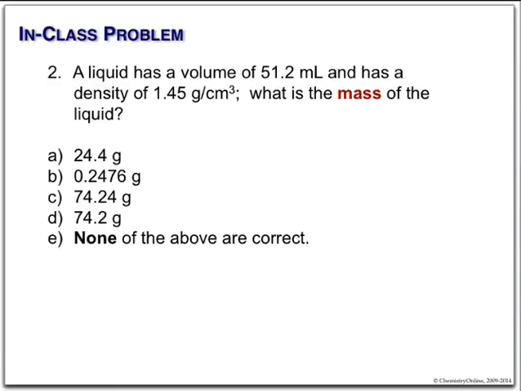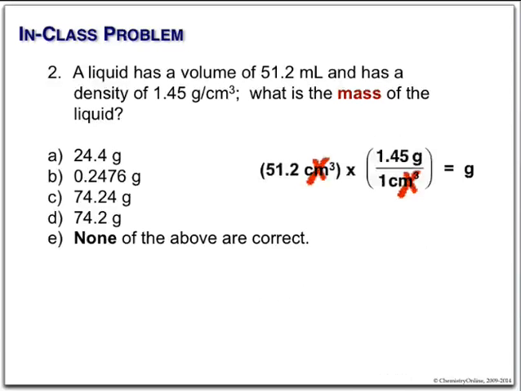Our units here are milliliters, which are the same as cubic centimeters. This is going to be our ratio. I just changed this to cubic centimeters because they're the same thing. Cubic centimeters cancel, and we're left with grams.